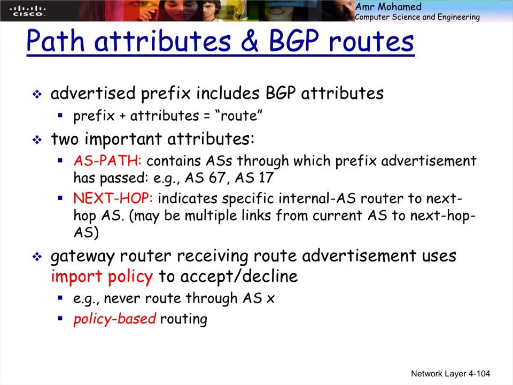So I may get from an autonomous system, say X, that I can reach prefix X, which is again a range of IP addresses, through AS3, AS7, AS10. All this is maintained in the AS path, not just the final one. So we have to maintain the AS path completely. It's not only the next hop and that's it. We have to maintain the entire path of the autonomous systems.